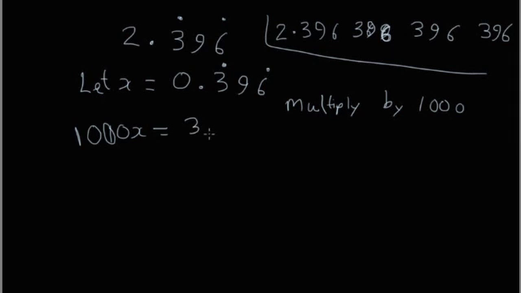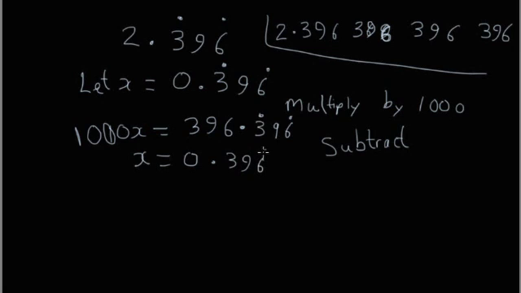So this will give 1000x equals 396.396 recurring. Subtract x, which is 0.396 recurring. So 999x is equal to 396, because the recurring decimal bit is cancelled out.